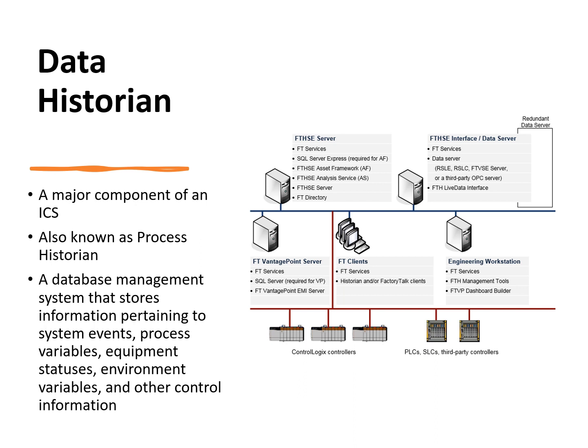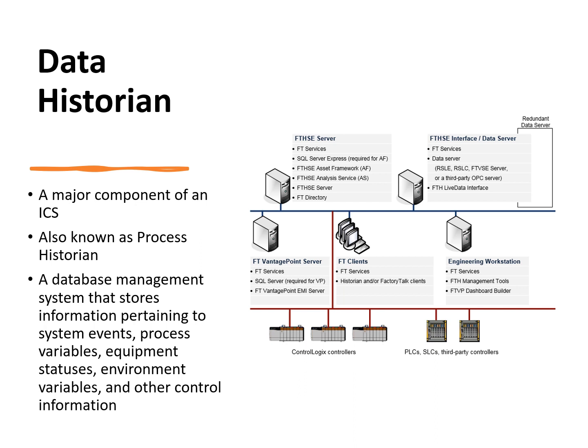Another major component of an ICS is the data historian. The data historian, also known as process historian, is a database management system that stores information pertaining to system events, process variables, equipment statuses, environment variables, and other control information.